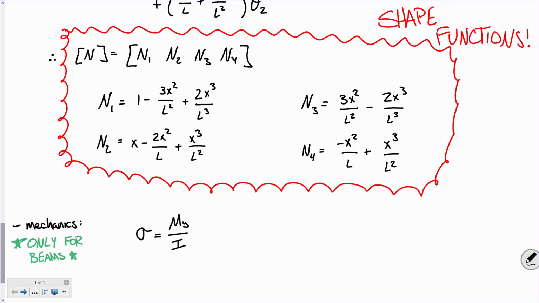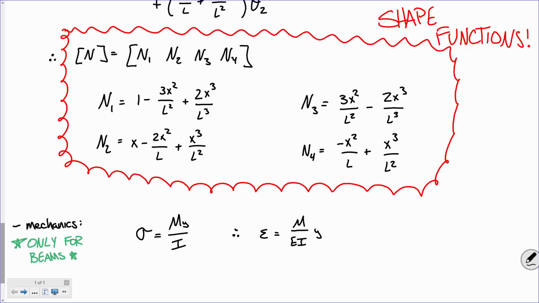So, from a simplified standpoint, how do we calculate strain? We take stress and divide it by E, right? So could I say, therefore, that strain is M over EI times y? Would that be a fair statement? Everybody okay with that?